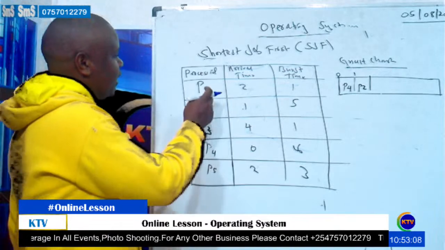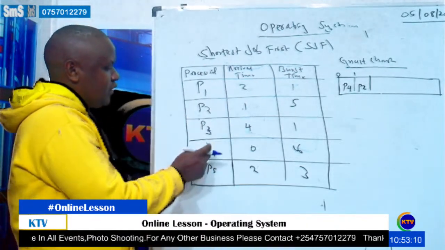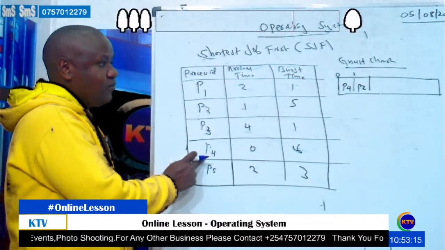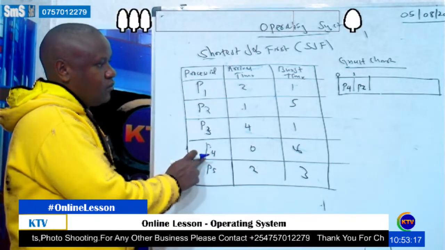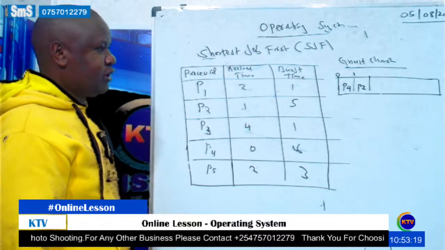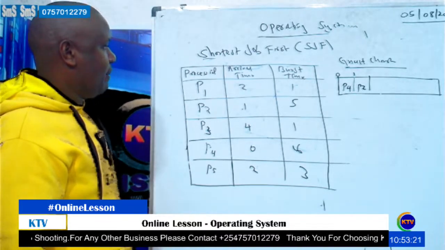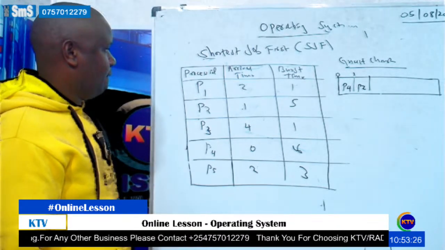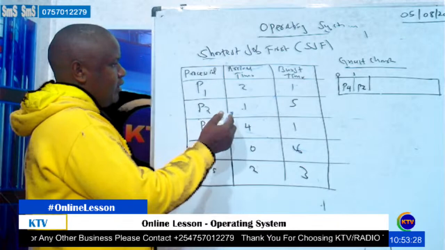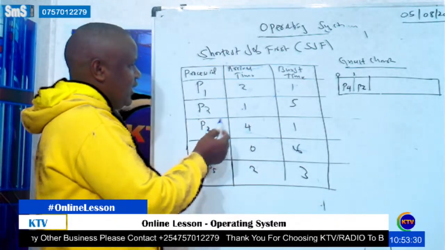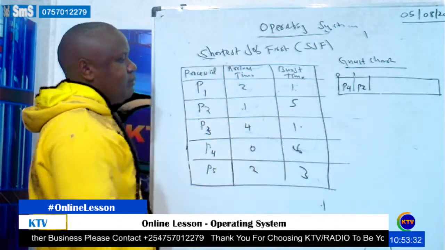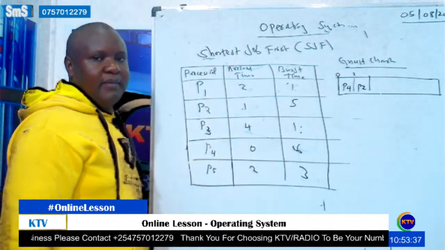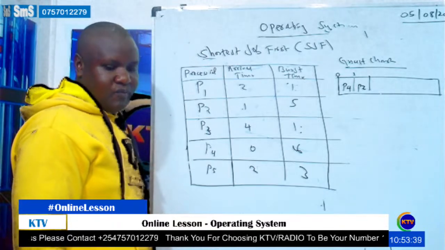So between process 1 and process 4, which one will be allowed in? Process 1. Why? It has the least burst time. But if you look at process 3 and process 1, it has the same burst time. Yes?